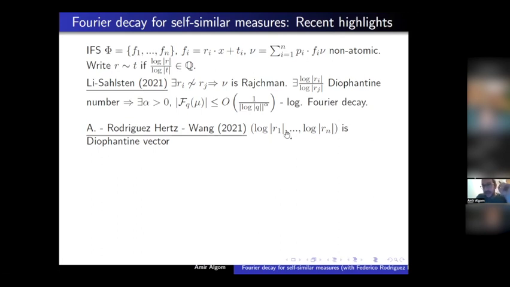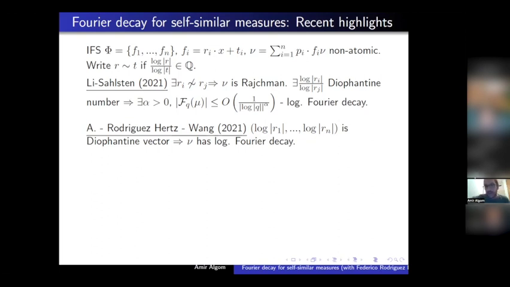However, it is possible that all entries are Liouville and all ratios are Liouville. There are many such vectors, and this was proved by Moser in the 1990s in the context of KAM theory. Anyway, that's well known. So if this vector is Diophantine, then the measure has logarithmic Fourier decay.